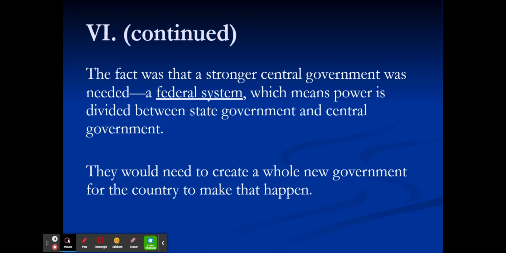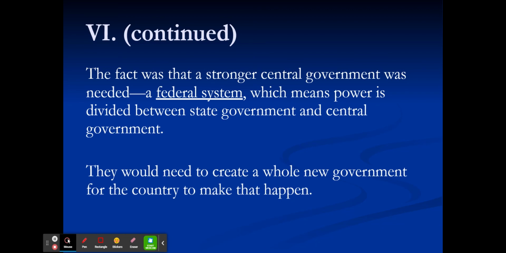That would be called the federal government. By doing this, it meant they would need to actually get rid of the Articles of Confederation, the form of government that was running the United States after 6 years, and create a whole new government for the country.